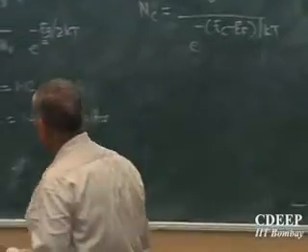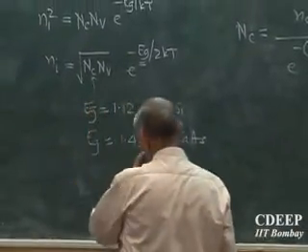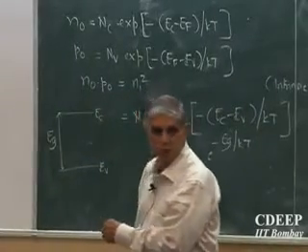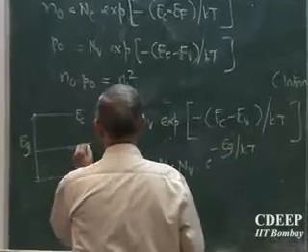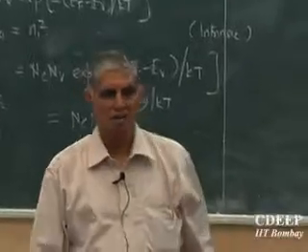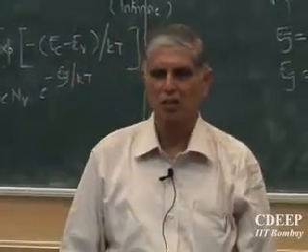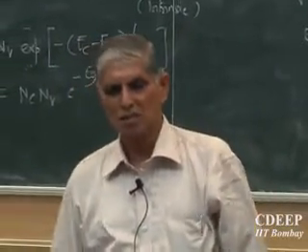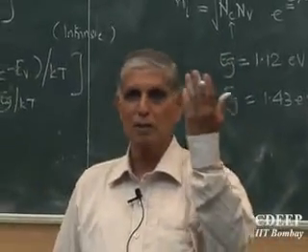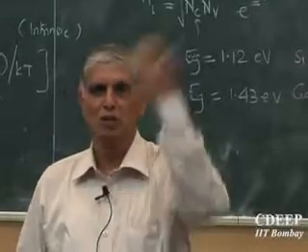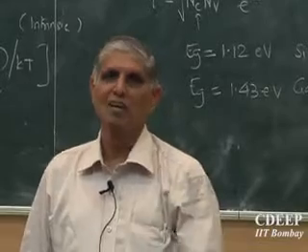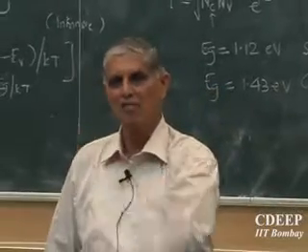In the case of intrinsic, where does the Fermi level lie? Within the gap. So we say this Ef is actually named Ei, the intrinsic Fermi level, where there is 50% probability of electron occupancy.